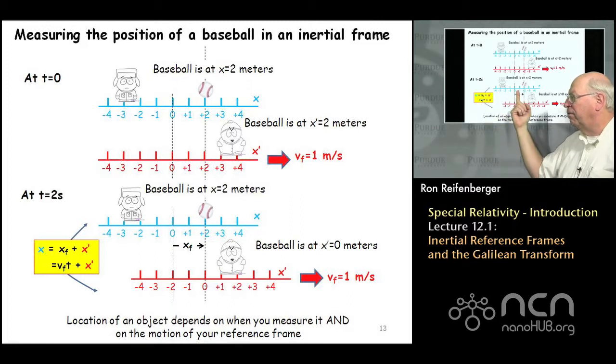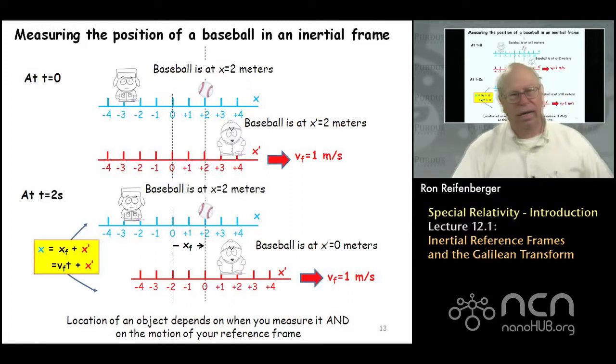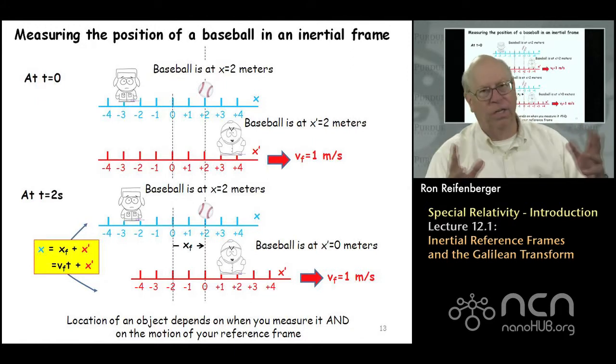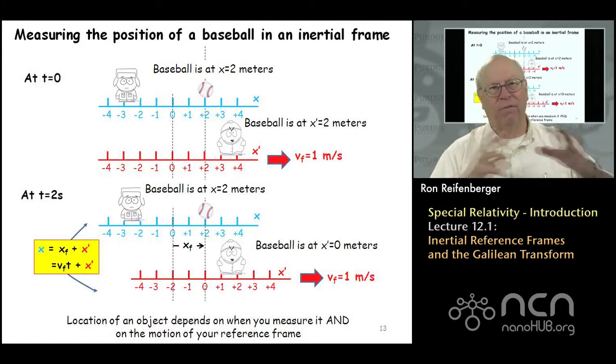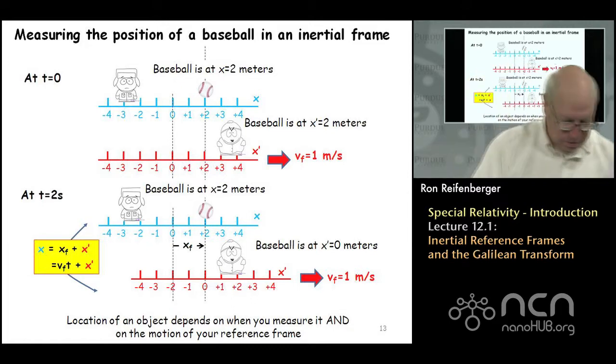And sure enough, you find that the blue guy is going to make a measurement of 2 meters for the position of the baseball. So knowing one, either x or x prime, you can predict what the other guy is going to measure, and that's great, right? That's really useful because now you at least have a simple formula that connects the two reference frames, one with respect to the other.